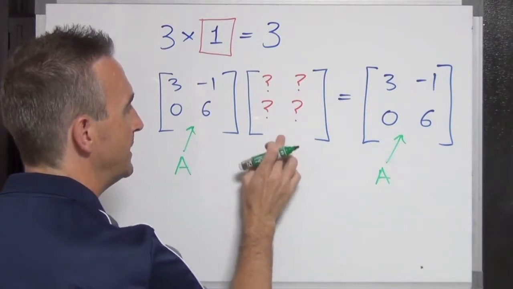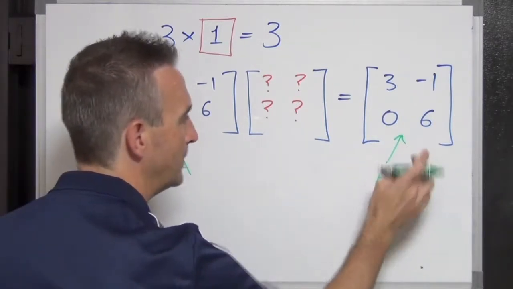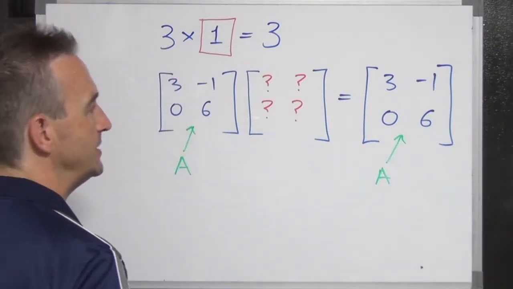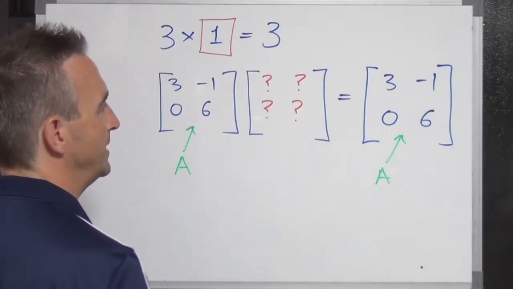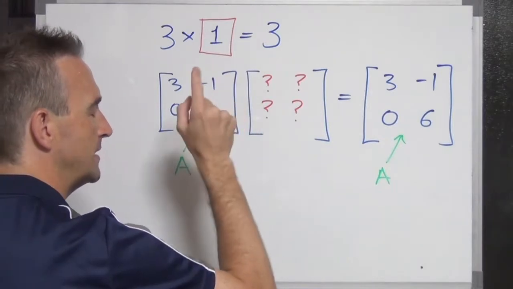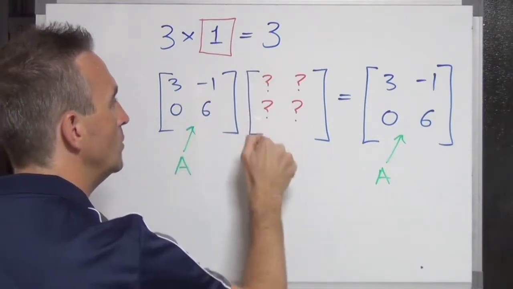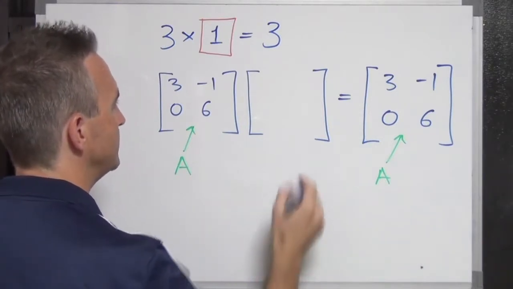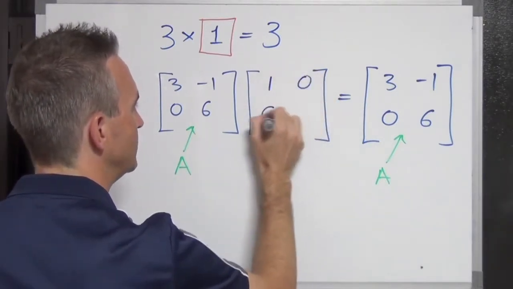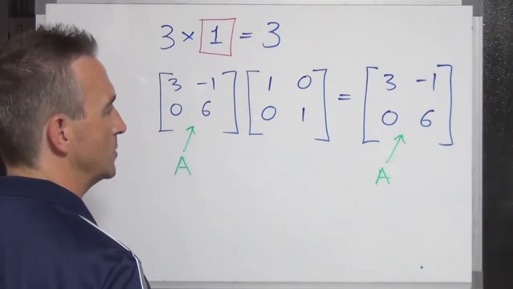So what is the matrix that actually allows this to happen? Well, an identity matrix is always a square matrix. Okay, so here it's a 2 by 2 matrix. Right? It always must have the same number of rows as columns. And the numbers in an identity matrix are as follows: 1, 0, 0, 1. Okay, like I said, it's always square.